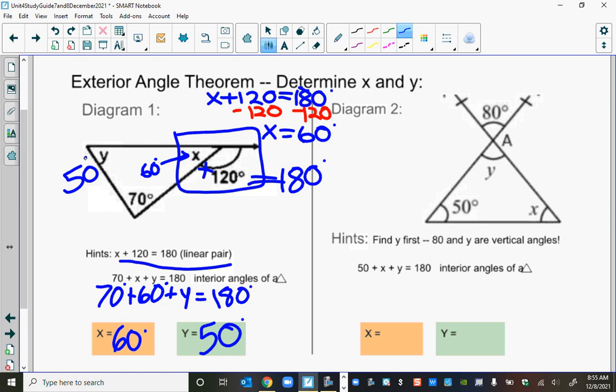Means they have to have the same measure. So 80 and y are vertical angles, so then y must be how many degrees? They're congruent. So if the vertical angles are congruent, and this first angle is 80, that means y must also be 80.